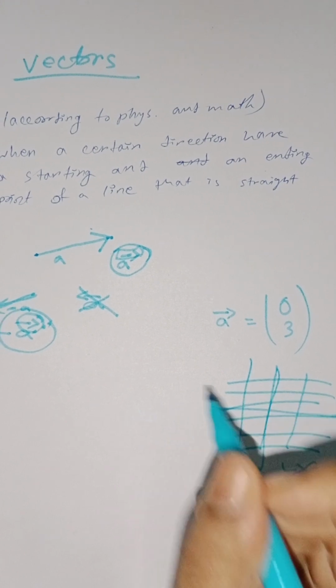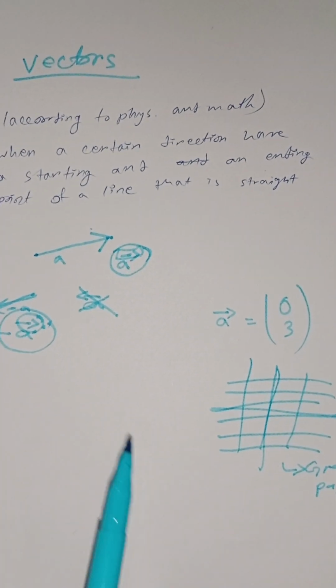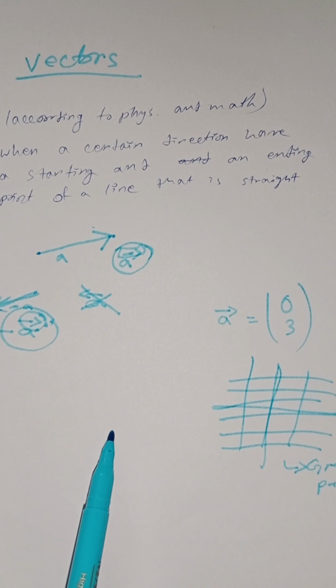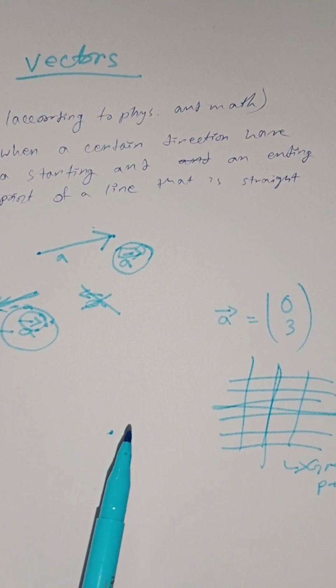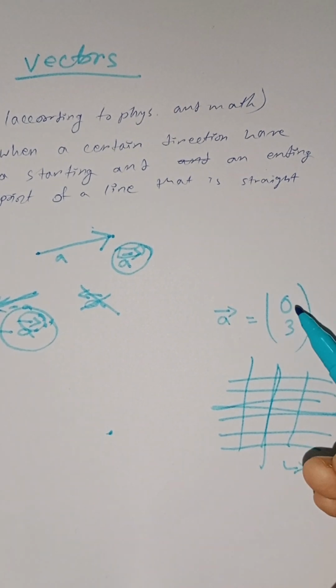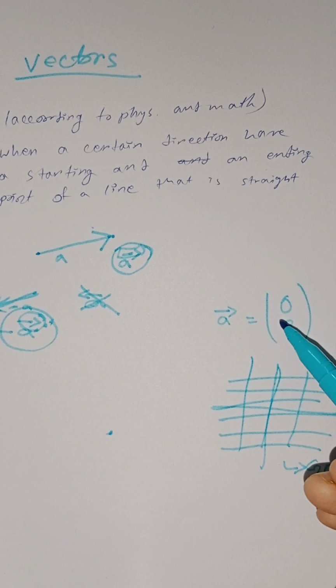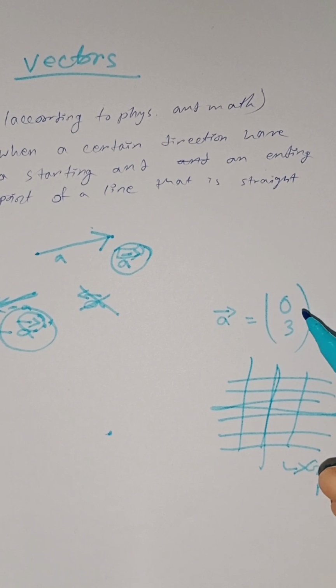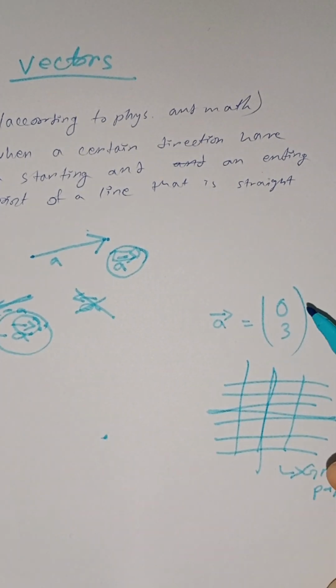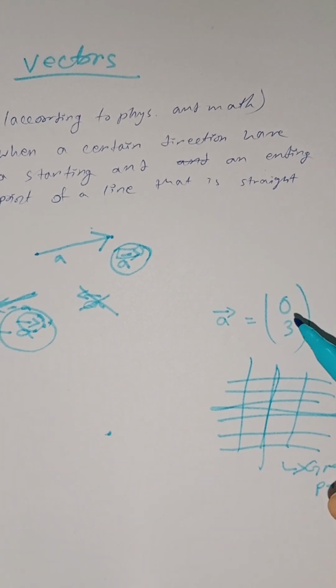What you do is, suppose this is the start of it, so we count it as 0. There's no x-axis or y-axis. Now you may be asking, how do we start it? You see, in vector A, 0 is on top and 3 is at the bottom. So when 0 is at the top and 3 is at the bottom, you always have to start with 0.